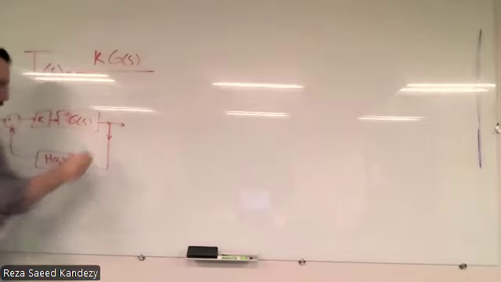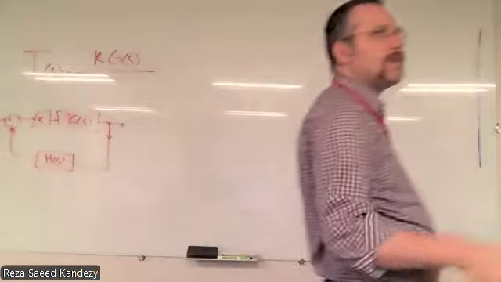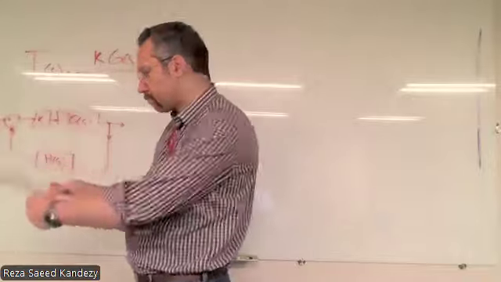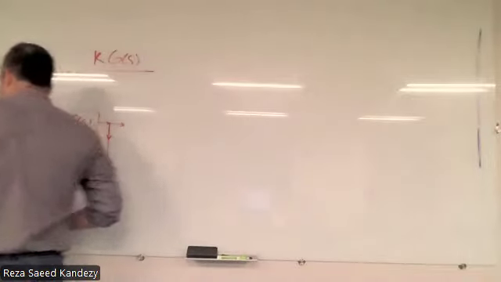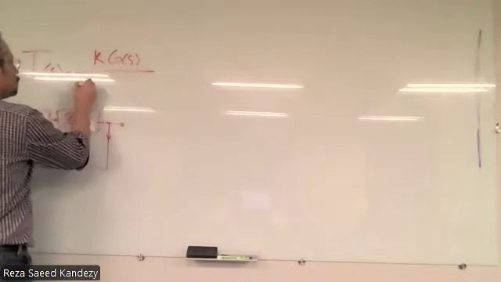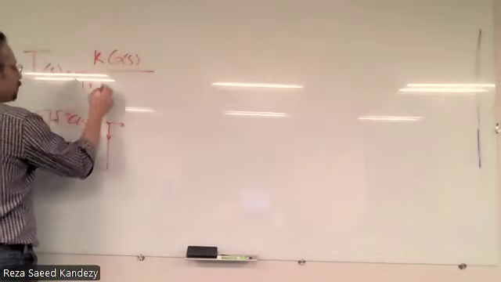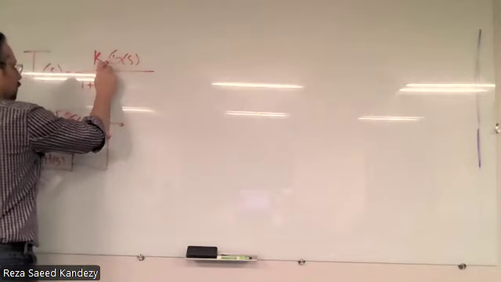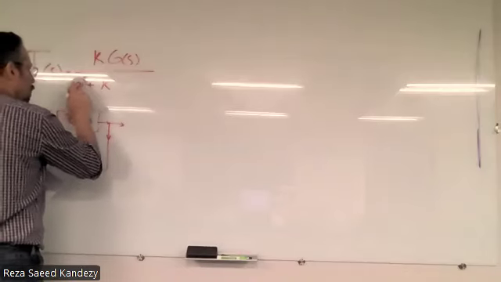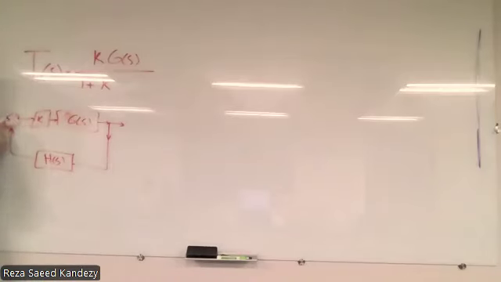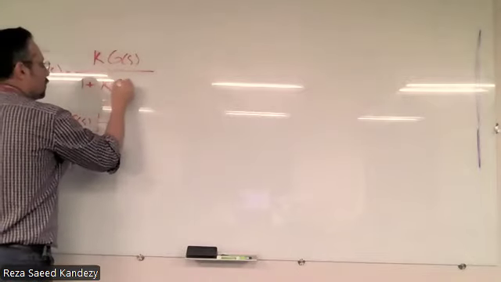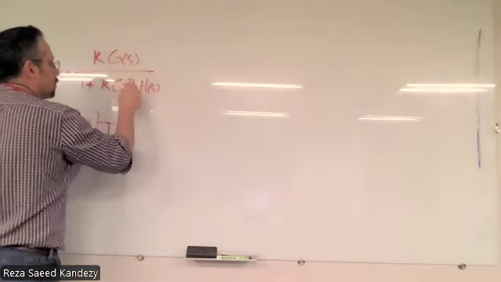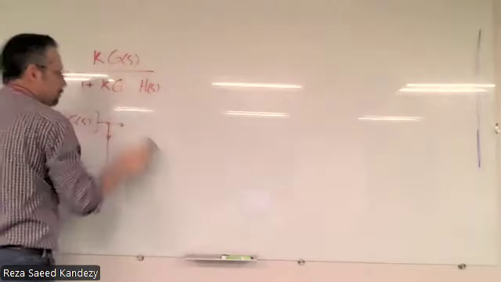And that way, we basically created a closed feedback loop for our open loop transfer function, and the transfer function of such a closed loop system was the forward pass divided by 1 plus, the plus is because we have a negative sign here, forward pass times the feedback pass.